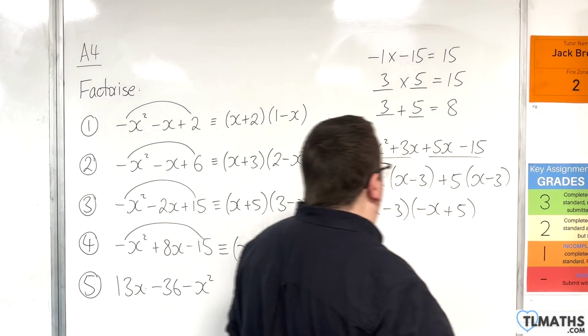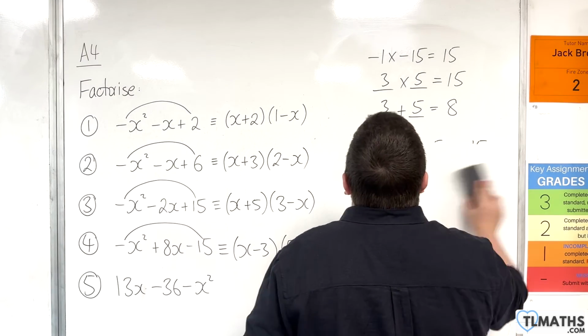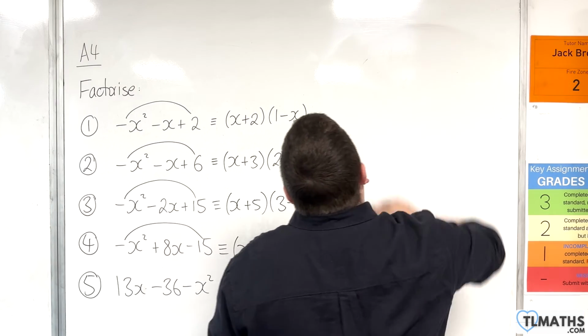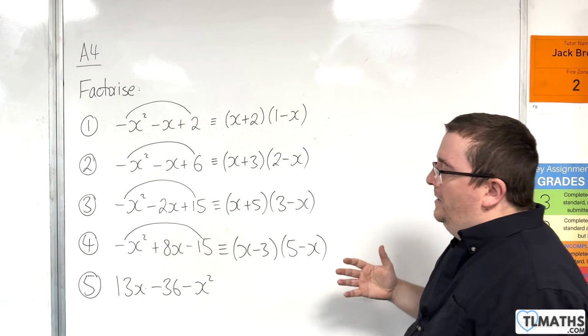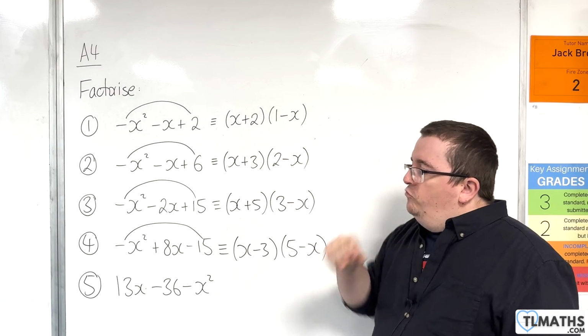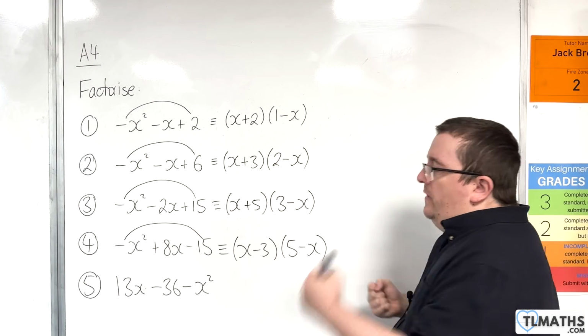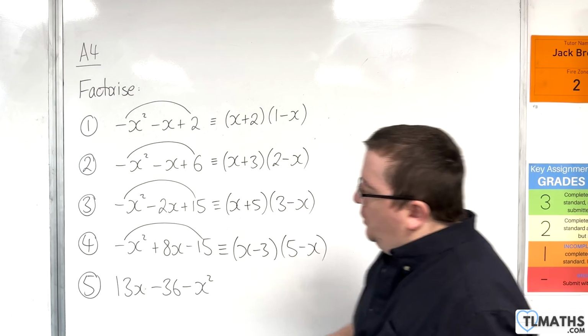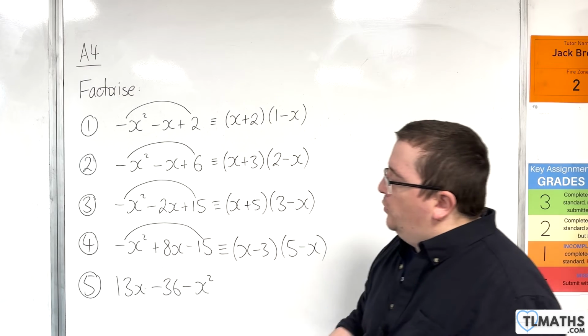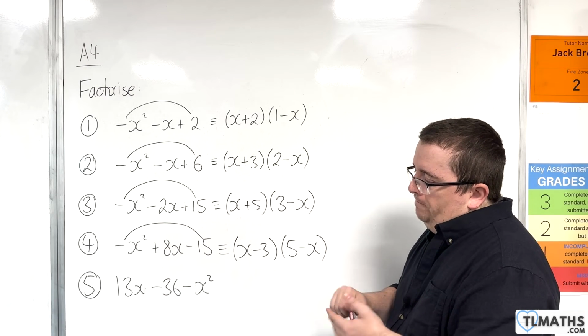Now my final example I've written in a different way, okay, to be annoying. So rather than write it as the x squared term, so the quadratic term, then the linear term, then the constant term, I've actually got the linear term, the constant term, and the quadratic term in that order.